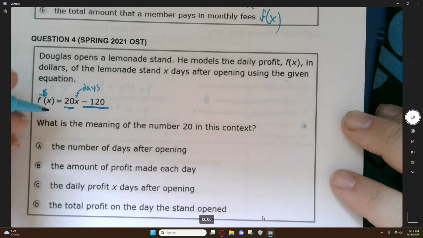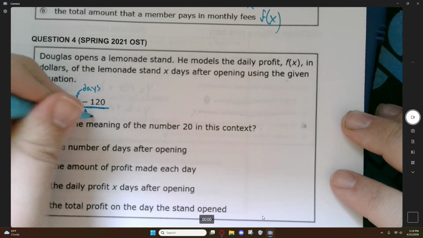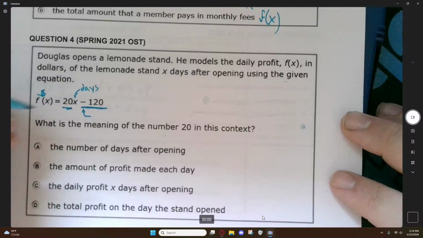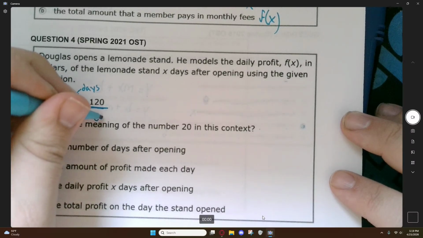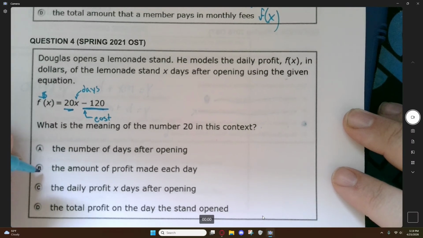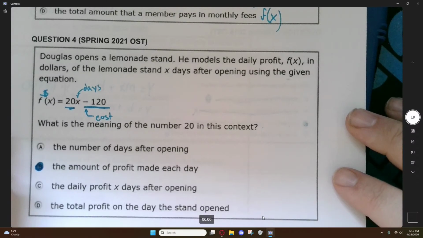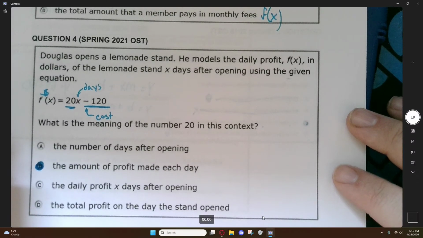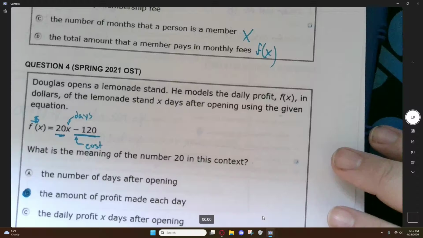What do you think negative 120 represents? Well, we're talking about profit, and we have negative 120. This would represent the cost of running the stand. So the 20 would represent the amount of profit he makes each day. Yes, each day.